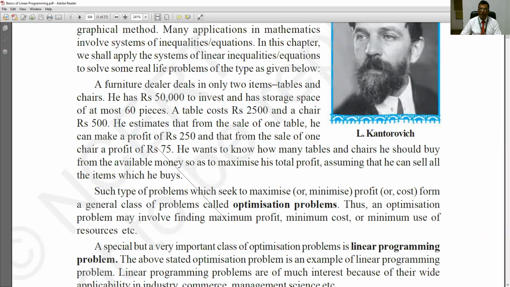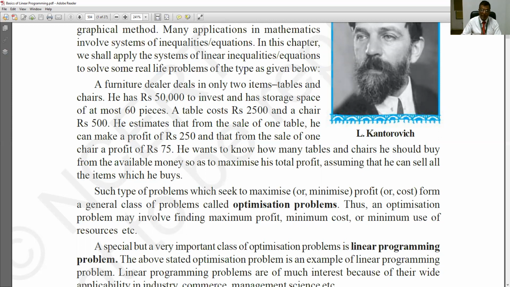Please write, a furniture dealer deals in two items, table and chair. He has rupees 50,000 to invest and has a storage capacity of 60 pieces of furniture.